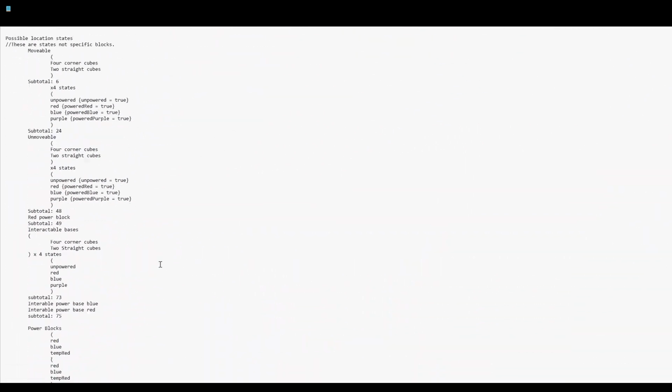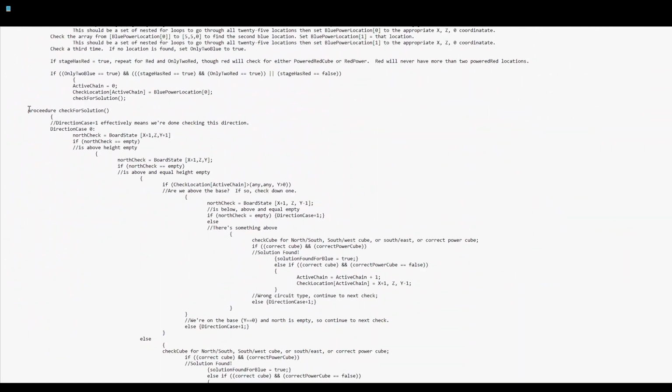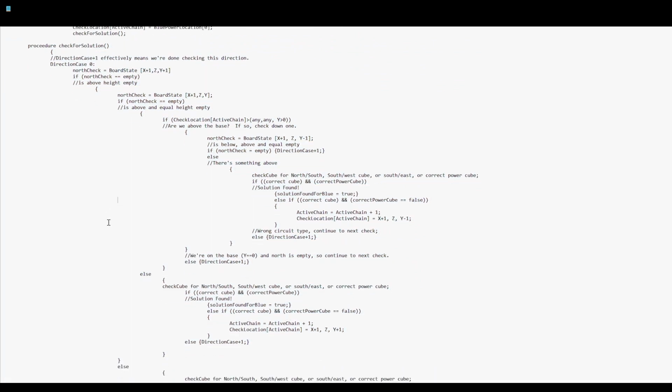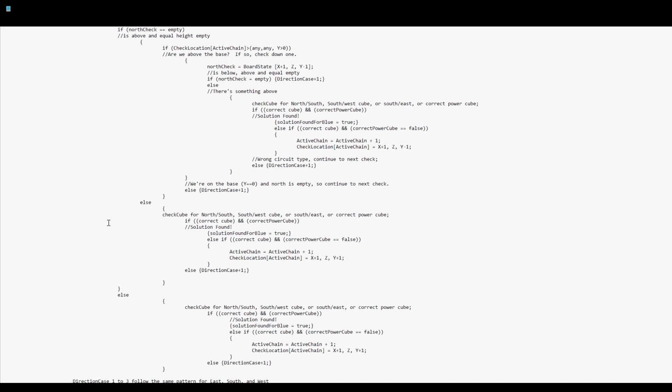Some of this is kind of coded, like this part here is roughly coded. I know it's nested if-then statements, which is not the greatest practice in the world, but when you are dealing with something that is strictly logic, sometimes it's, hey, if this, check this, okay, then check this, then check this.